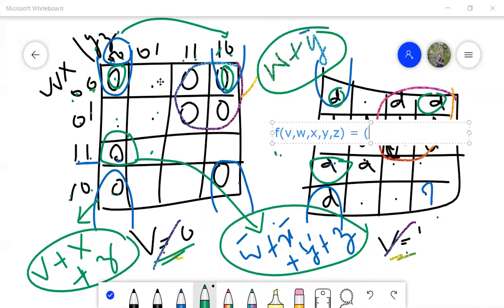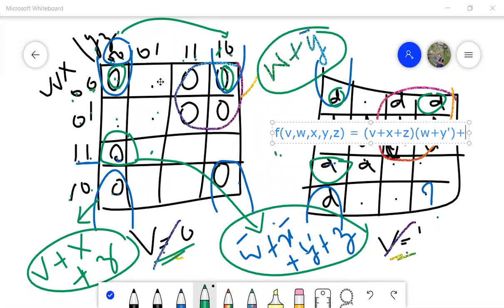The first expression will be V plus X plus Z. The second expression will be, this is POS, right? Product of sums. So the second expression will be W plus Y bar. So W plus Y bar. And what will be the third expression?